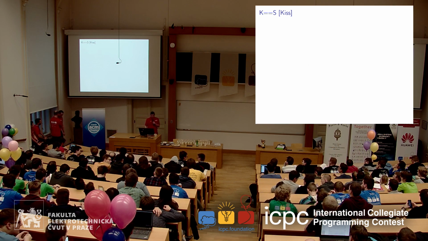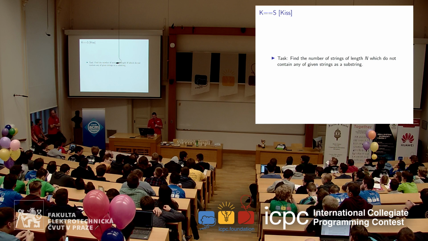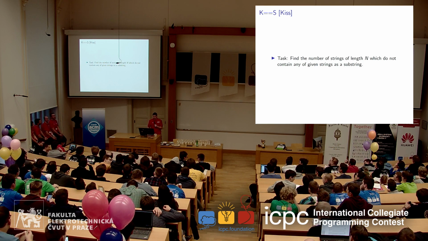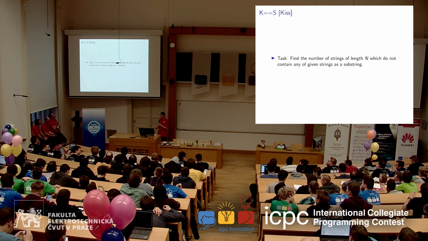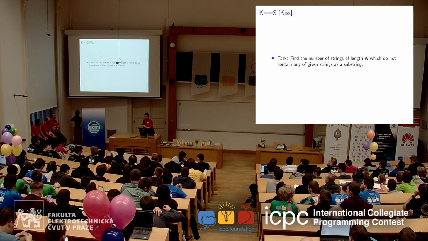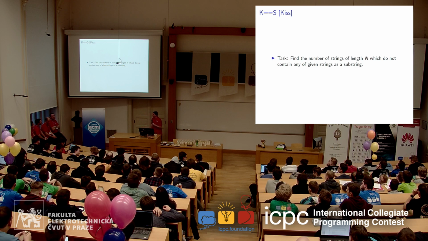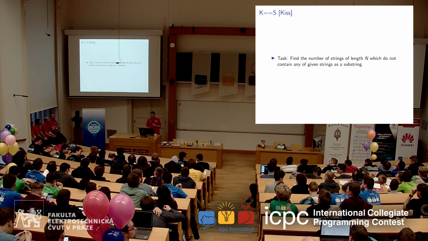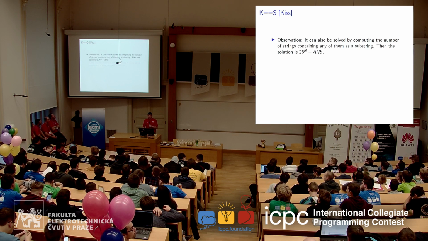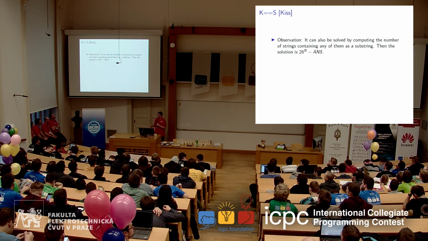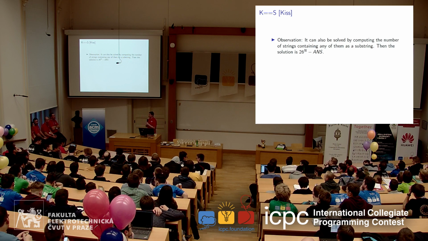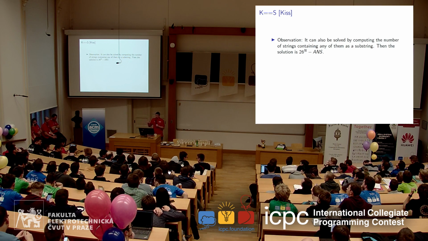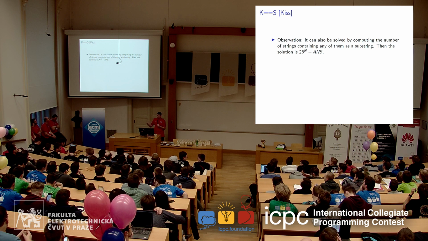Okay, so the next task was key equal to s, and we just had to find the number of strings of some length n, which do not contain strings from the input. Firstly there is some slight observation, but it was not really necessary: there are two ways to achieve it.